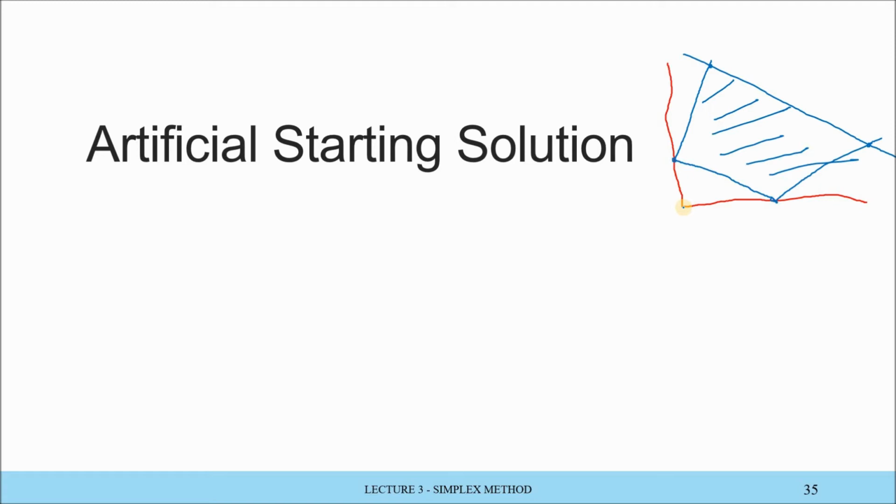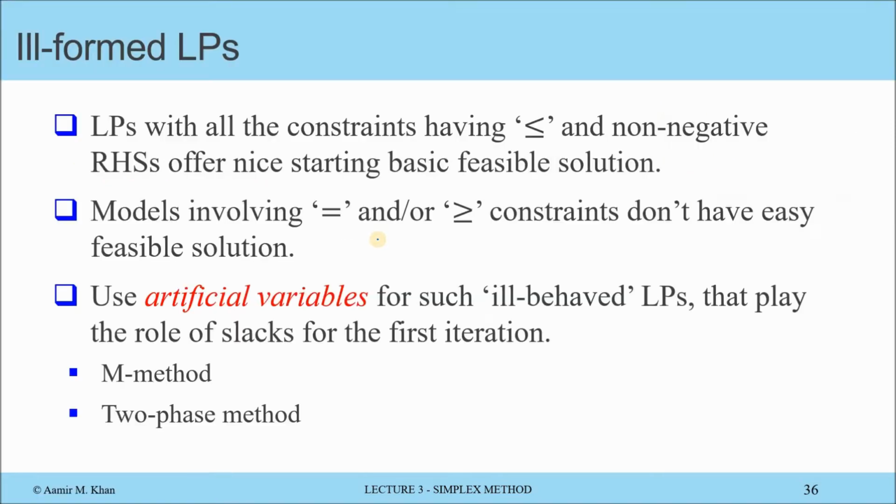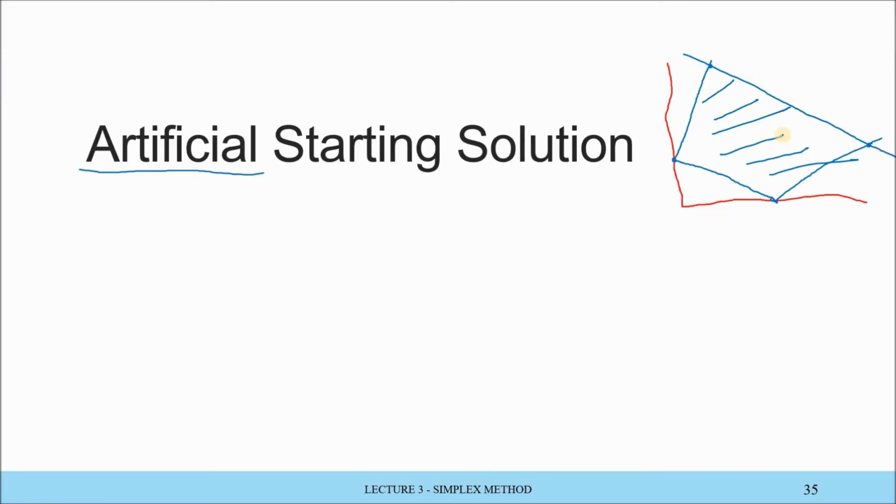So when we don't have the origin as our starting point, in that case we try to create an artificial starting solution. So how it works, let's see. Why can this happen?